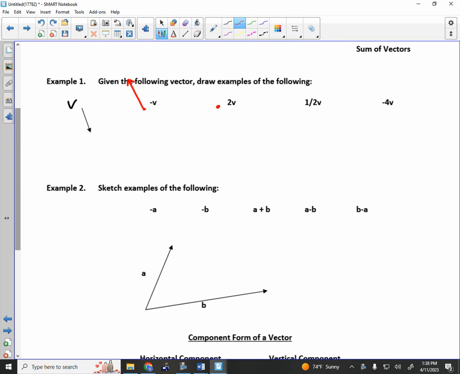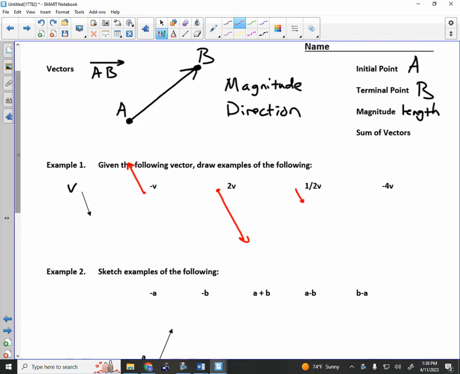It would double in length. 1/2 B, shorten it. And then negative 4B, 4 times in the opposite direction. So we did our best to approximate. Maybe we got a little carried away with that last one, but it was exciting. Kind of hold myself back. Good.